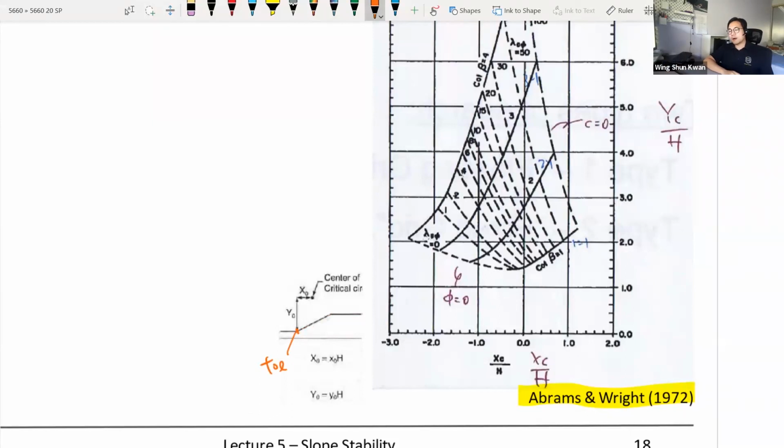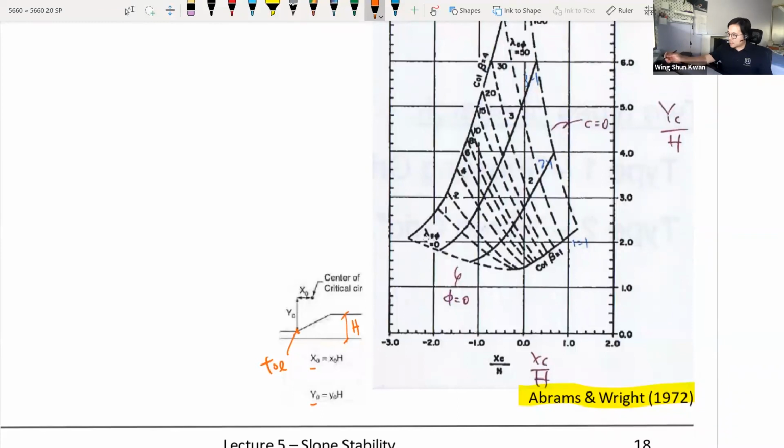So you come up with a coordinate pair of x0 and y0. From the vertical, you assume the location of the center is a vertical distance of y0 above the toe, and also a distance x0 away from the toe. So we set up x0 and y0 as our conditions. And then you know the height of your slope.